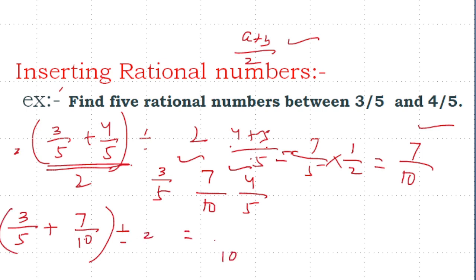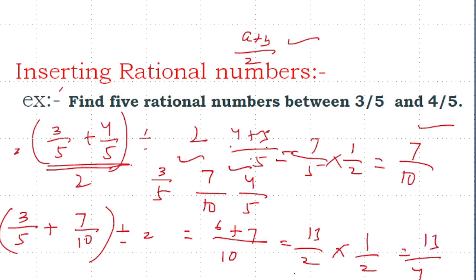What came? 6 plus 7, that is 13 by 10, times 1 by 2, that is 13 by 20. It came second, then third. Like that, 5 times you will find the middle number, and it will be included inside this fraction. This will give you the 5 rational numbers.